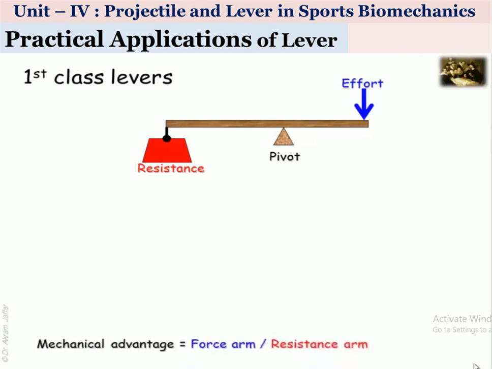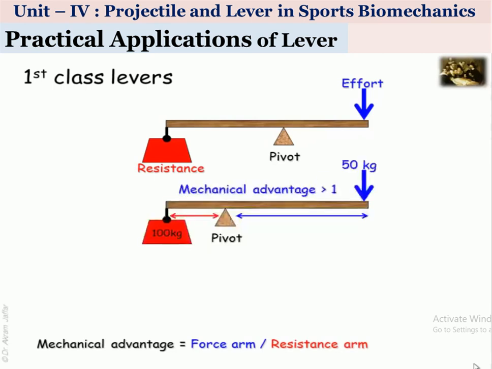Its mechanical advantage can be greater or less than 1. So here we can see that the mechanical advantage is more than 1, where the pivot is at a short distance from the resistance.